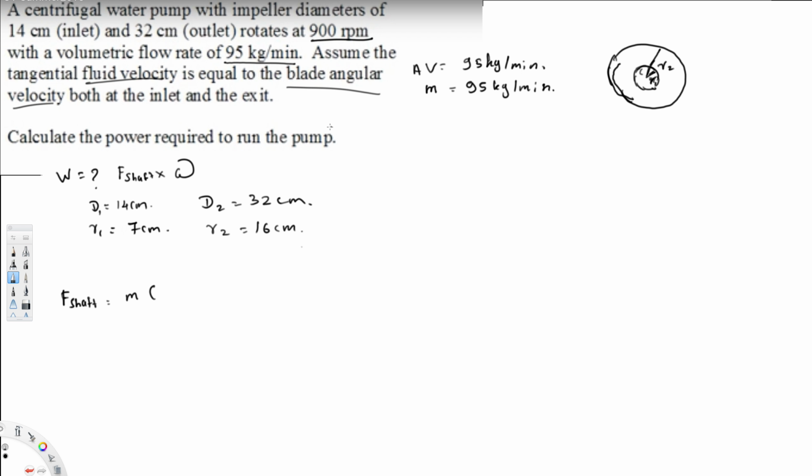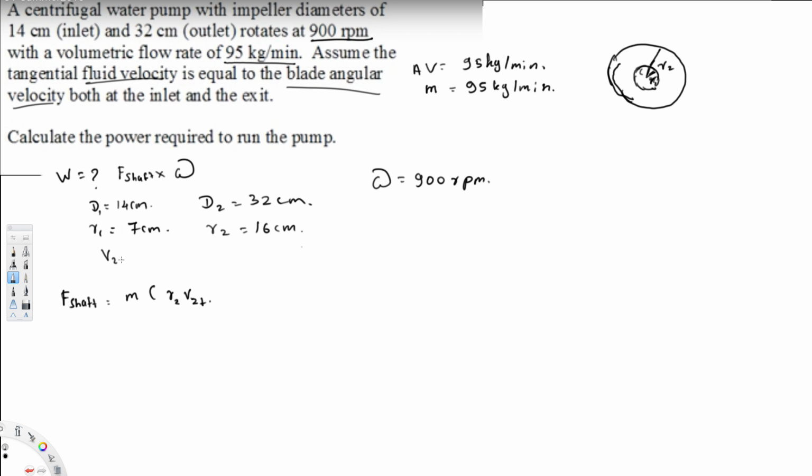And they have given the omega in revolutions per minute, 900 revolutions per minute, and then we have this Q that we already put here. So the work done by the shaft is going to be equal to the mass flow rate times the radius multiplied by the tangential fluid velocity.